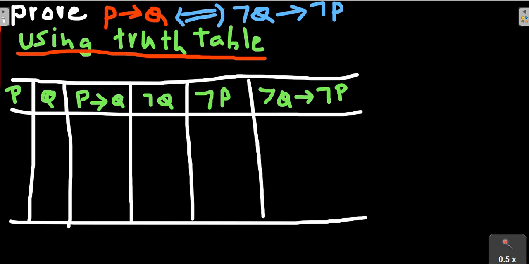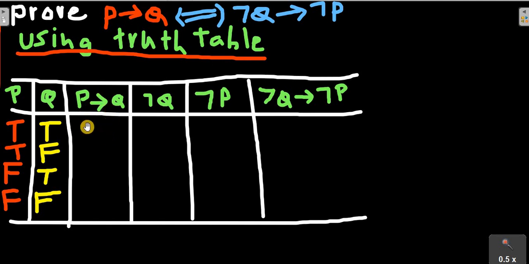Now let us take the truth combination for P first: true, true, false, false. Now the truth values of Q we have to find out: true, false, true, false. Now by using the implies formula we have to find out the truth values for the appropriate combinations.